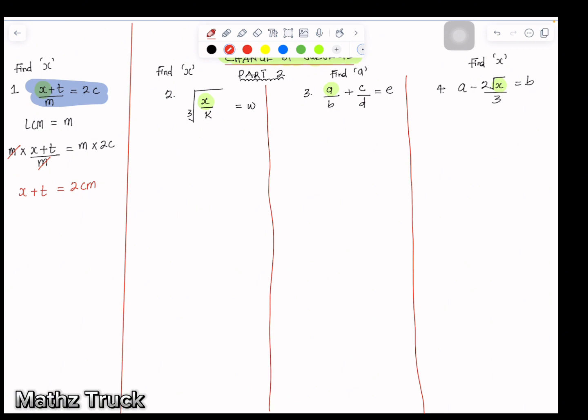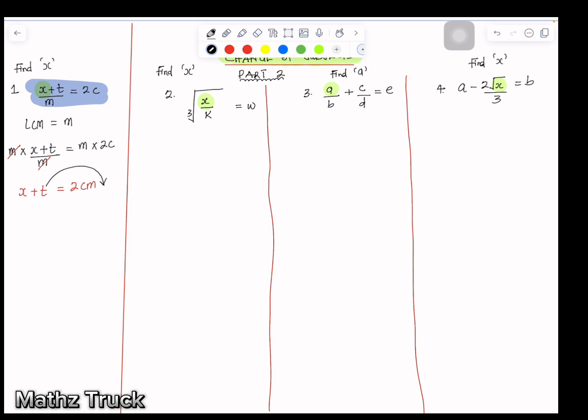Now the question says we should find x. So we try as much as possible to know that expressions without x will be on one side, expressions with x on the other side. So this t moves to where the expression 2cm is. And since it is positive t, when it crosses the equal sign, it becomes negative t.